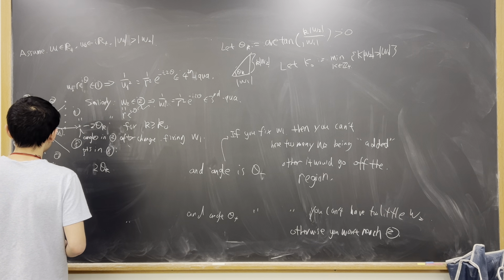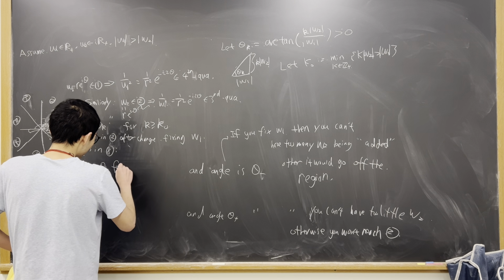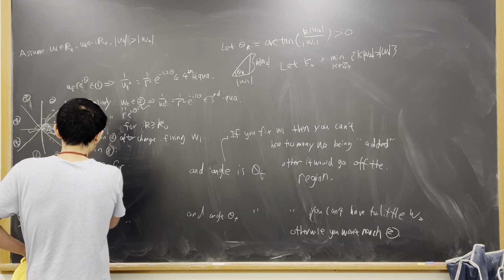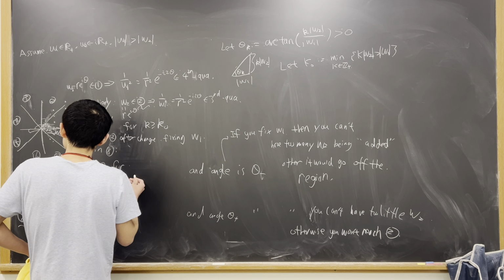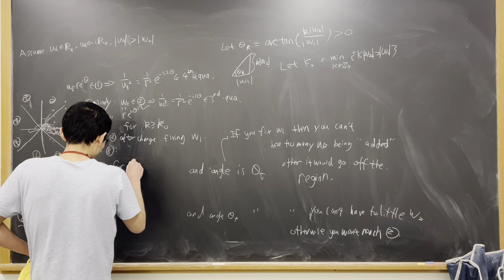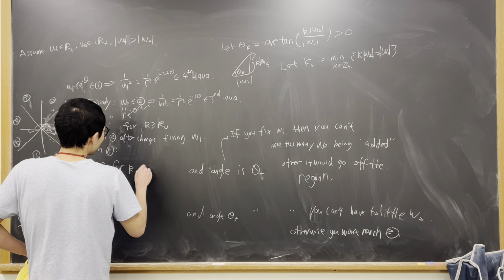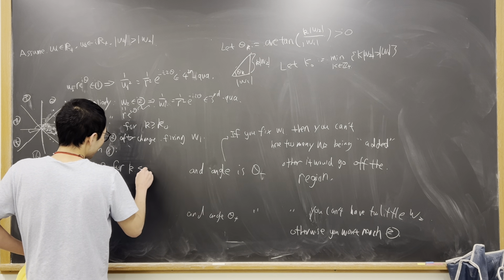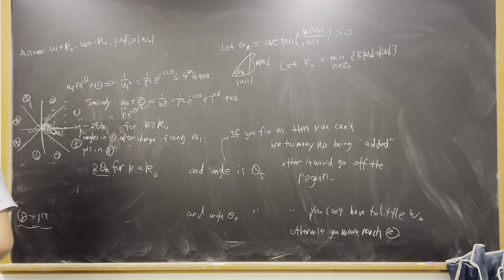So this becomes positive 2 theta k for k less than k naught.